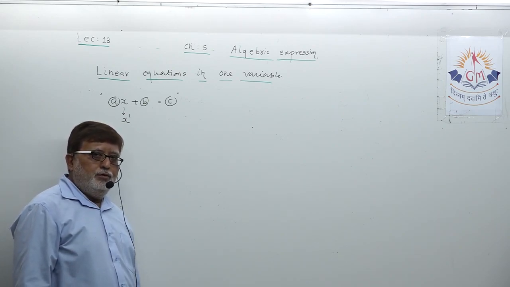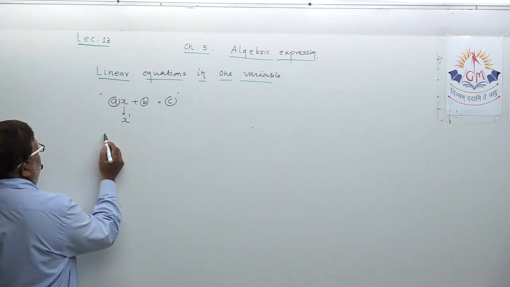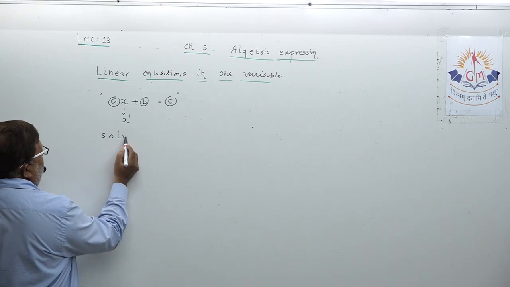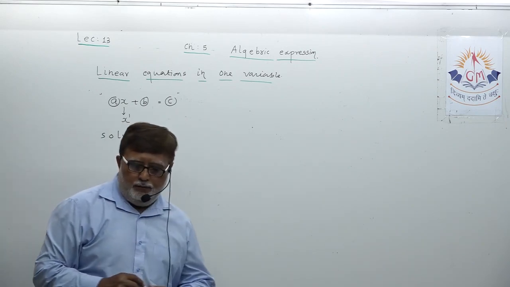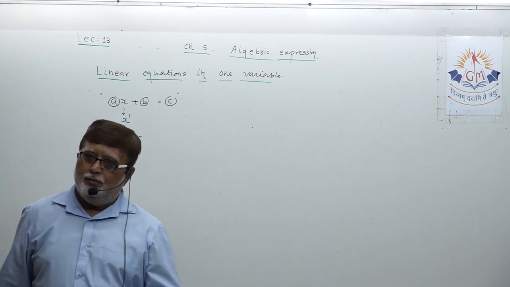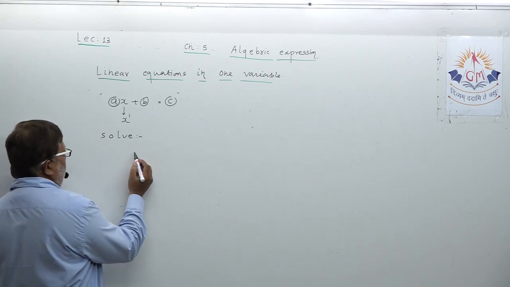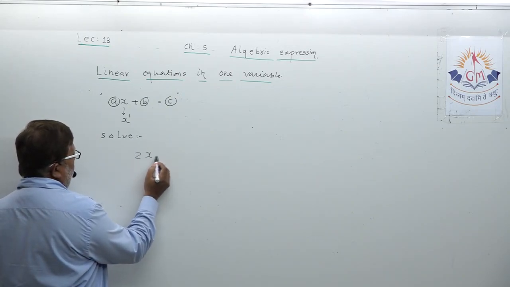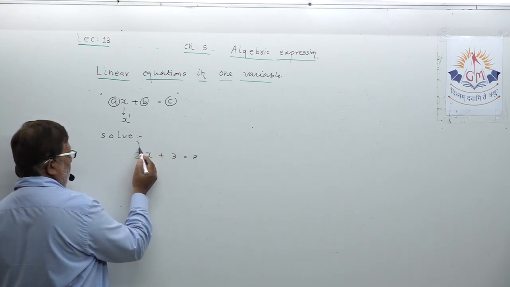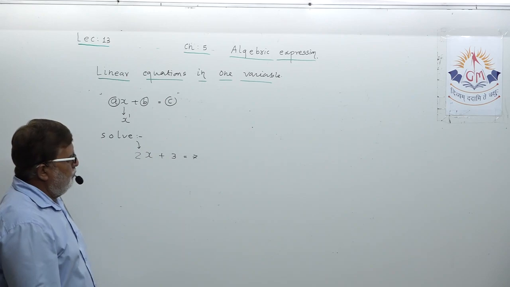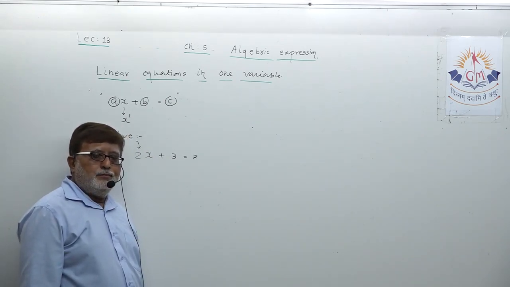Now dear student, what do we have to do today? If you are given an instruction like this, solve, and you are given a linear equation, what does it mean? Take an example. If I write one linear equation, suppose 2x plus 3 equal to 7, and the instruction is solve, what do you have to do?